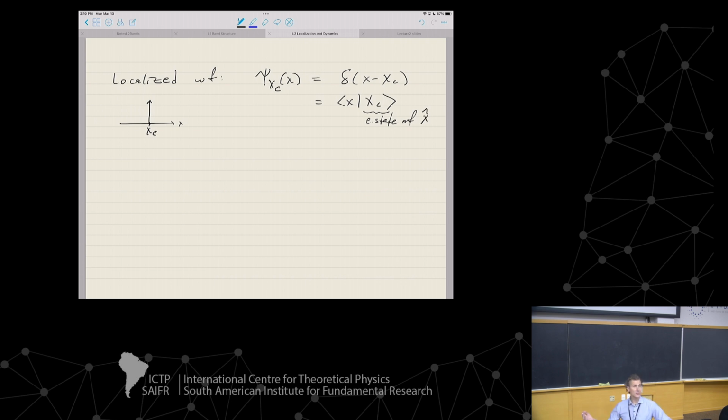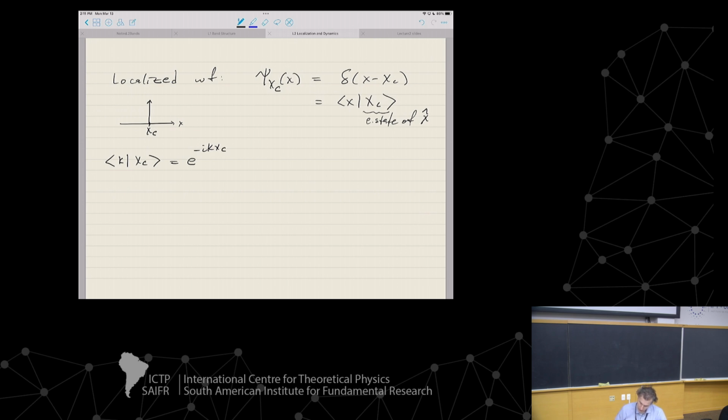So localizing things in free space doesn't sound so bad, but now what does that look like in momentum space? If I want to write that same wave function in momentum space, then I will take the k projection of this xc state. For that, you might know, this is already e to the minus i k xc.